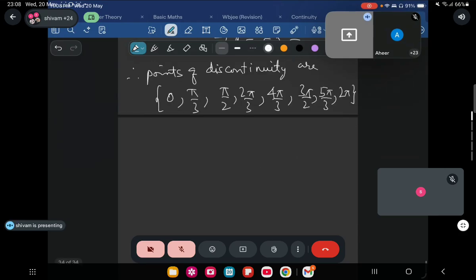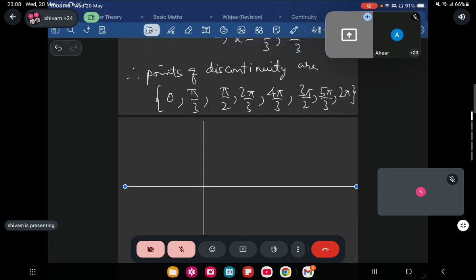Now I'm going to draw the graph. Pay attention. How will the graph look like? At exactly x equal to 0, 2 cos x will be equal to 2. After that it will become 1.